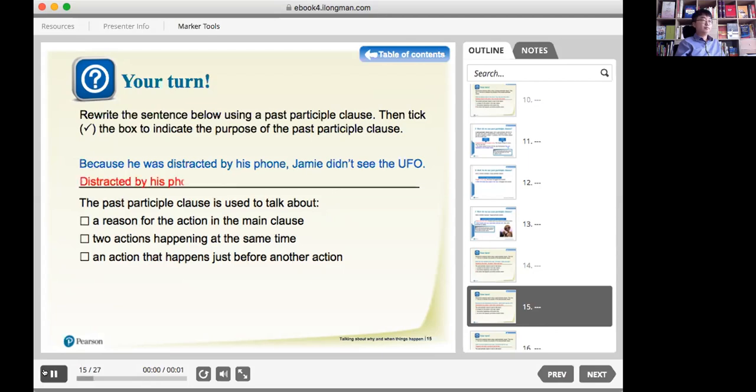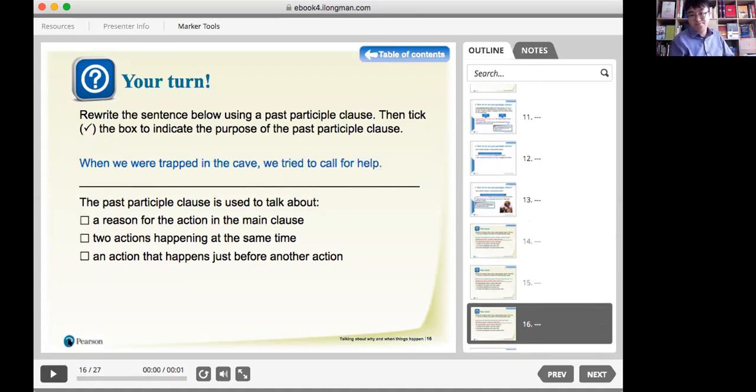Okay. Here is the answer. Distracted by his phone, comma, Jamie didn't see the UFO. Because introduces a cause and effect relationship, so this is why we take the first one. A reason for the action in the main clause.